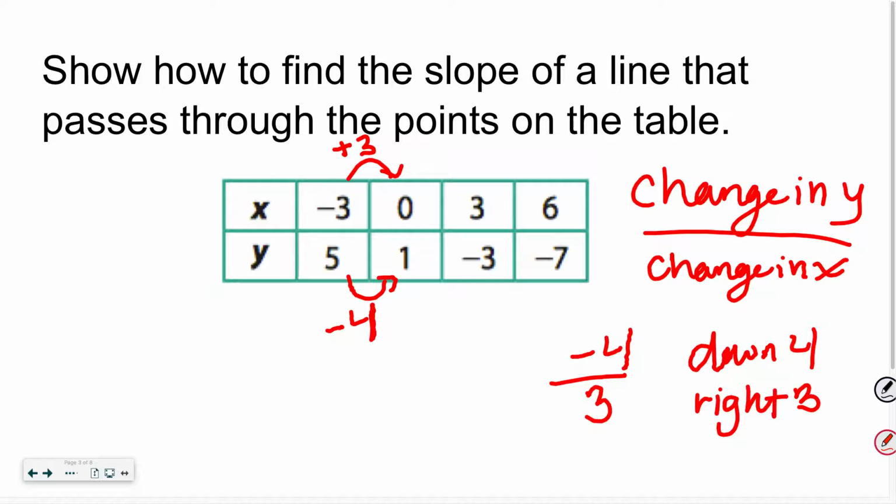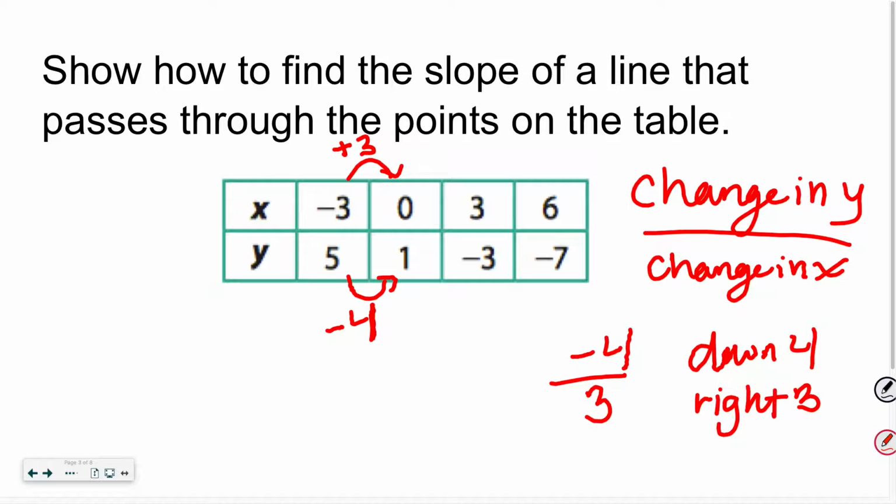Is that line going to go up or down? Say it again. Down. How do I know? Who else can tell me? How do we know this line's going down without even graphing it? How do we know that this line is going to go down instead of rising up? Because it's a negative.